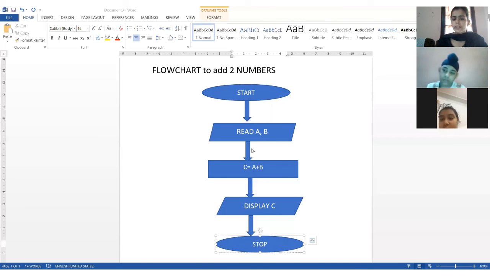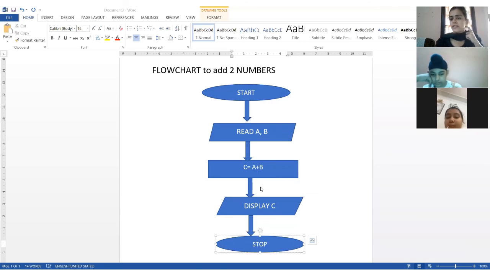Now I have to perform the calculations, which is done inside your rectangle box. C equals A plus B. Here we are storing the answer of the addition in a variable called C. Clear?